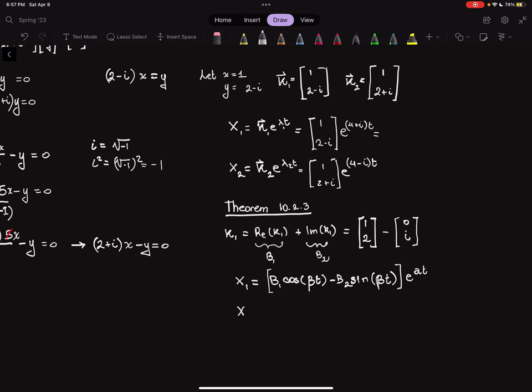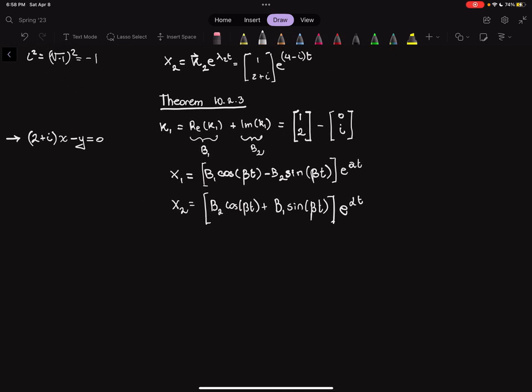And then x2 is going to be b2 times the cosine of beta t plus b1 times the sine of beta t, times e to the alpha t.